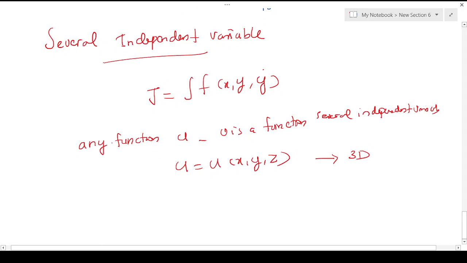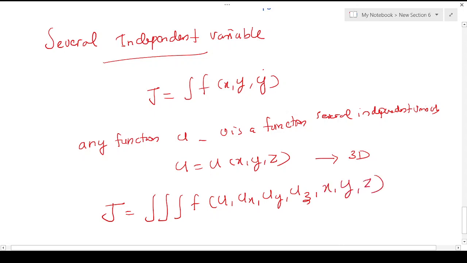So in that situation, while evaluating the calculus of variation in the functional, we have to do a triple integral of f of u, u_x, u_y, u_z, and then integrate with respect to dx dy dz.